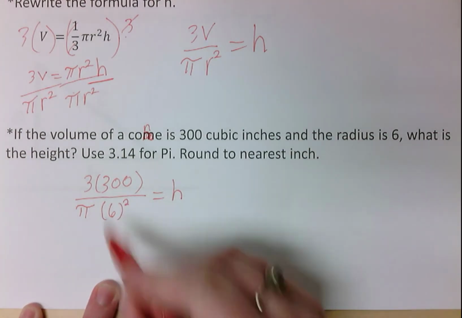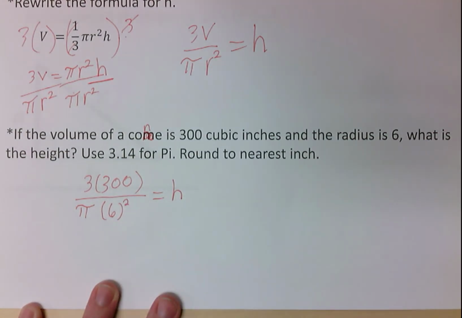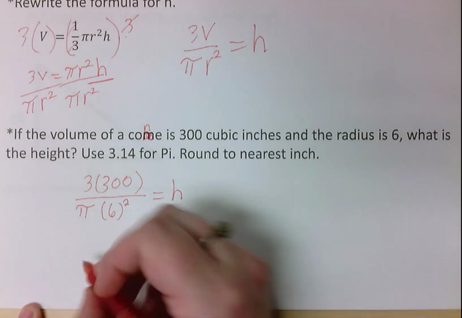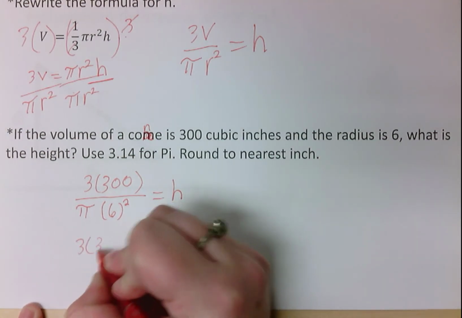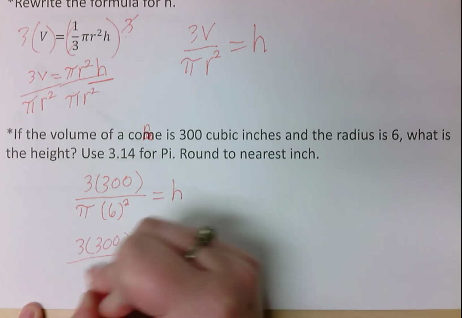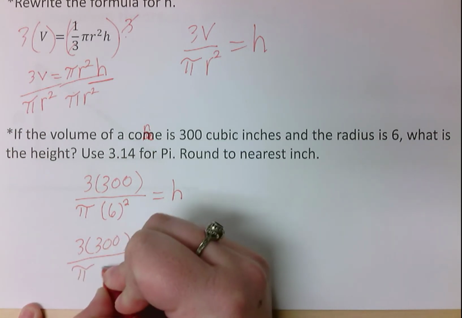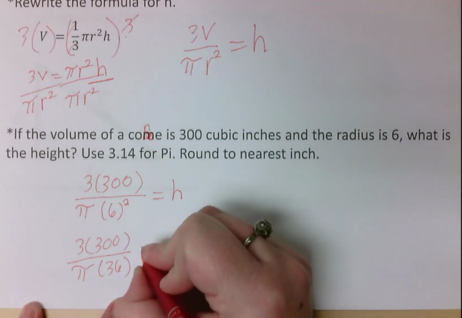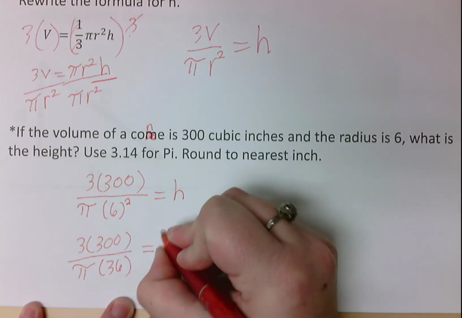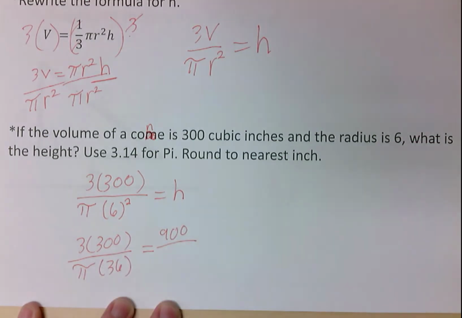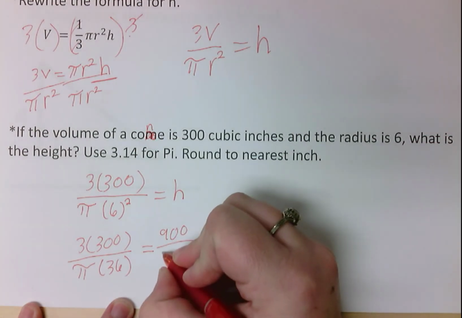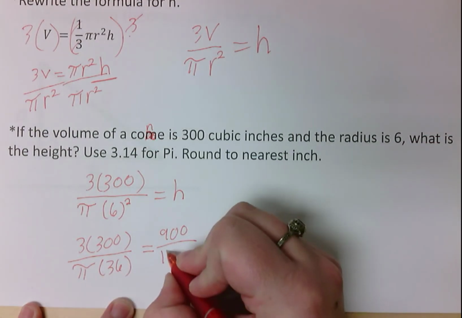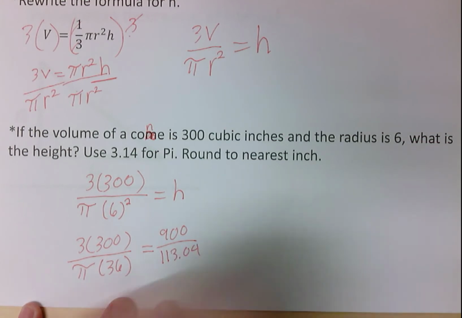All right, so I can simplify some things. I can do 6 squared first, which is 36. So I get 3 times 300 divided by pi times 36. I can do my multiplication now. 3 times 300 is 900 divided by, well, they tell me use 3.14 for pi, which when I multiply those two together, I get 113.04.